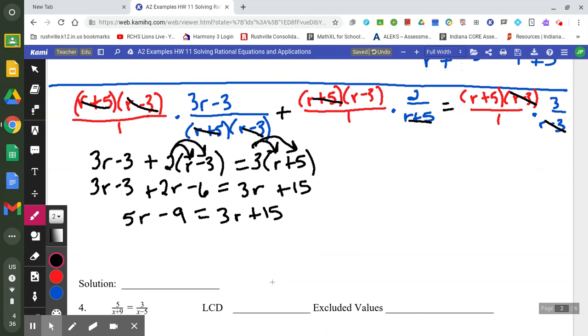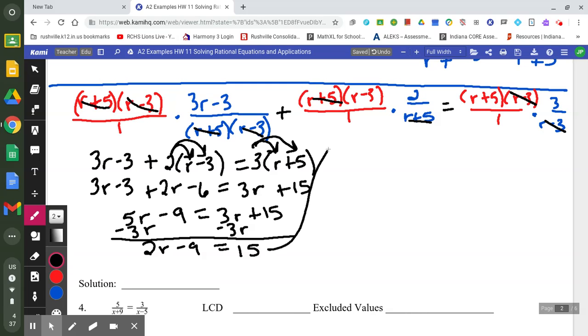Then I want to isolate r, so I'm going to subtract 3r from both sides of the equal sign. So now I'll have 2r minus 9 equals 15. And because I don't have enough room, I'm going to finish it up here. So I'm going to rewrite the 2r minus 9 equals 15.